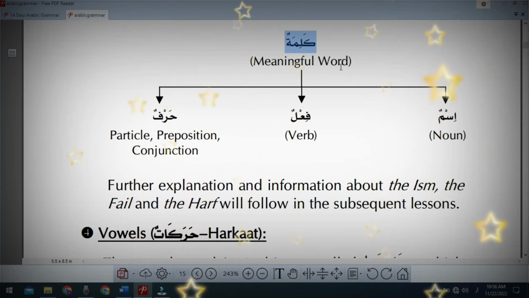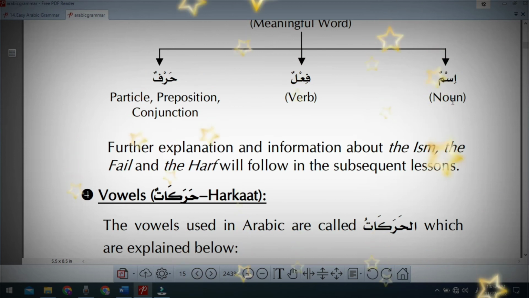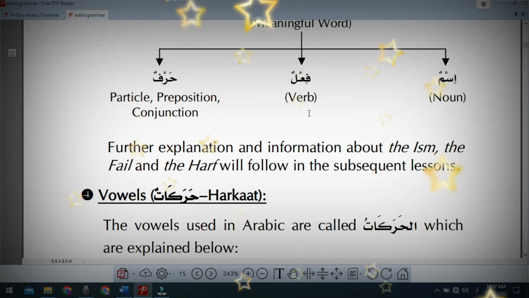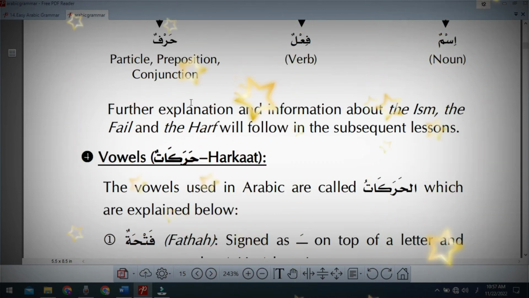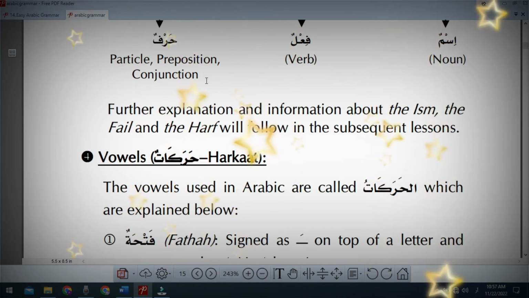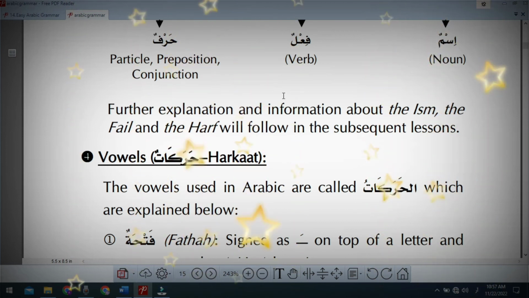Then we divided the kalima into three parts: ism, fi'l, harf. Ism is called noun, fi'l is called verb, and the harf is called particle, preposition or conjunction. Each kind has much explanation and further details, but we will discuss them in our coming lessons.